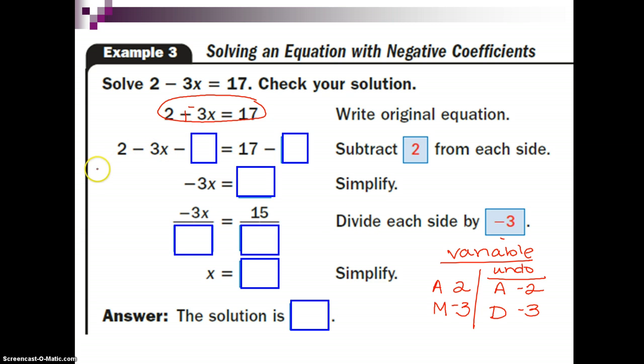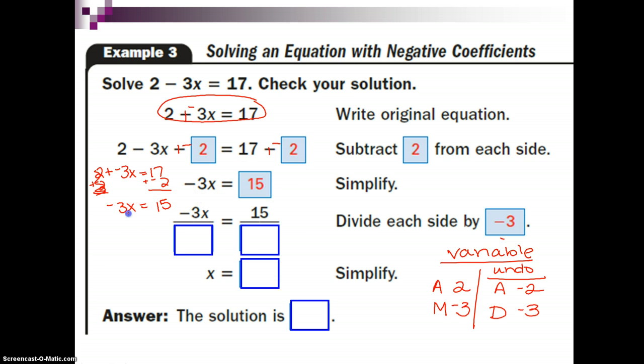Okay, I'm not exactly thrilled how they set this up, so I'm going to just rewrite it for you on the side here. I add the negative 2 to both sides. You're left with negative 3x and 15. Again, if you want to just write it in, you can.